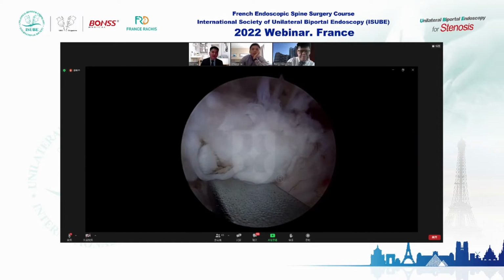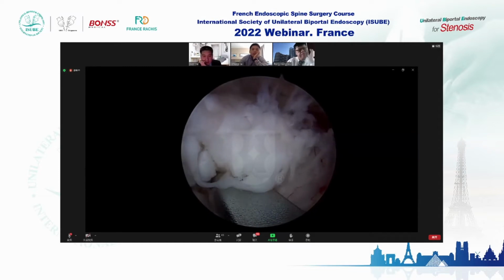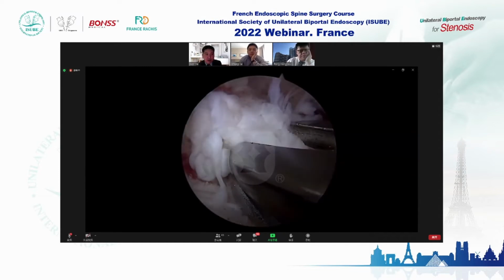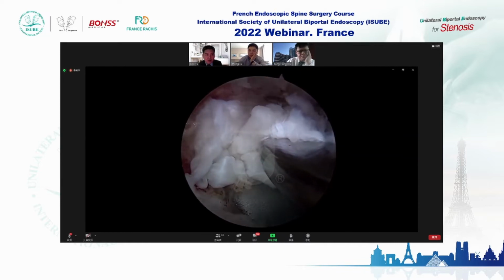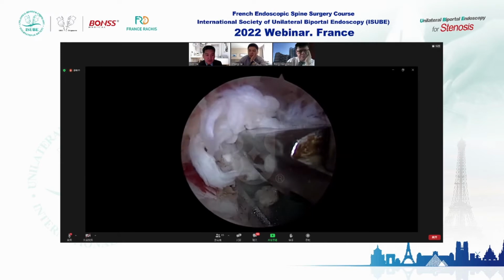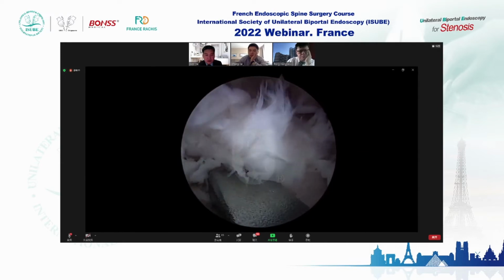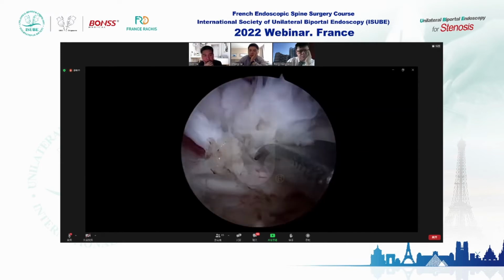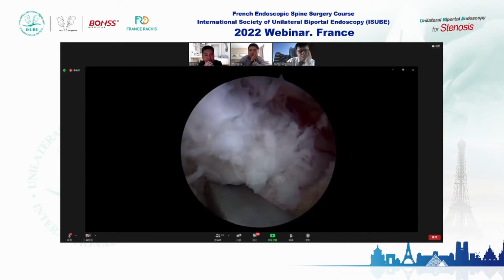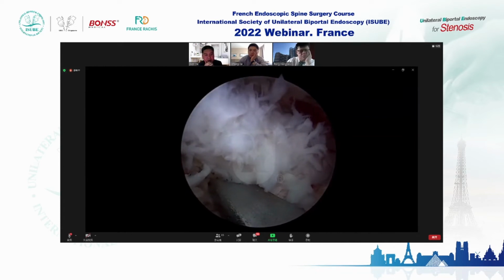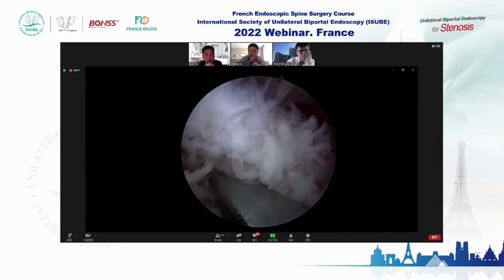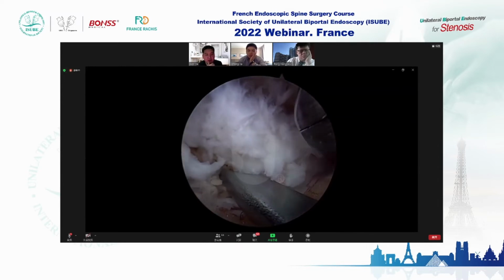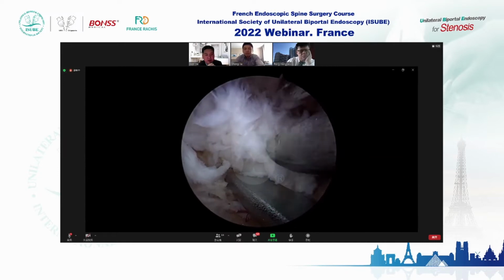So Dr. Zhang Wei, how do you think about if you stand left side but do the incision in the right side, two portal, like Dr. Sun's approach? So compared to your approach. I use the contralateral side portal to remove the upper margin of the lamina.